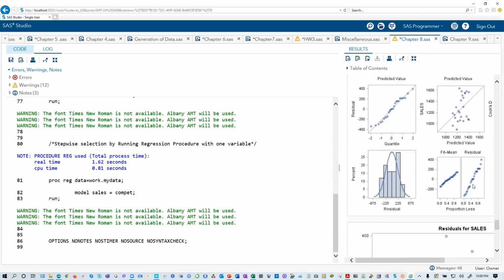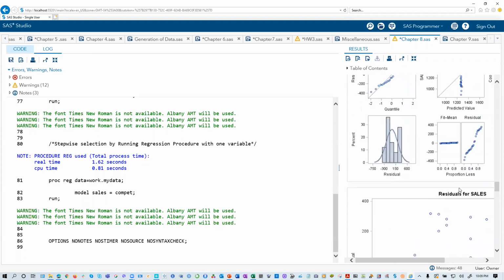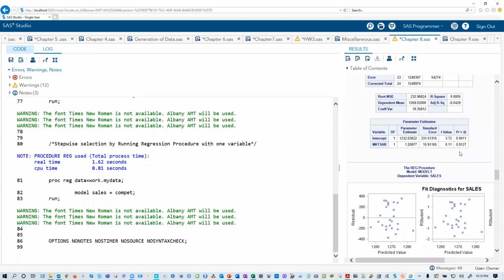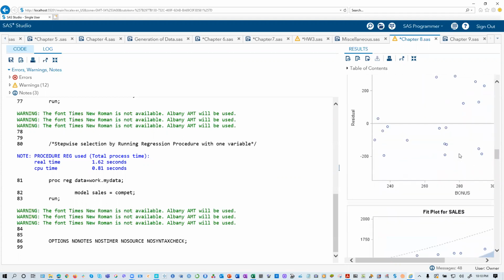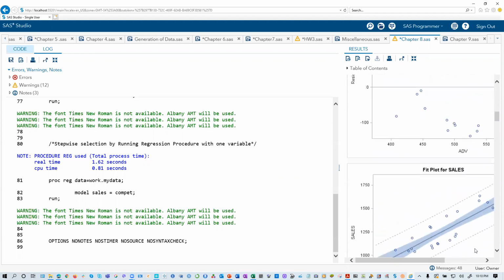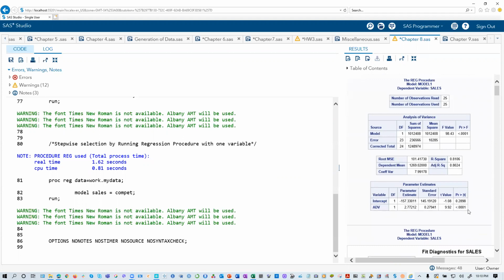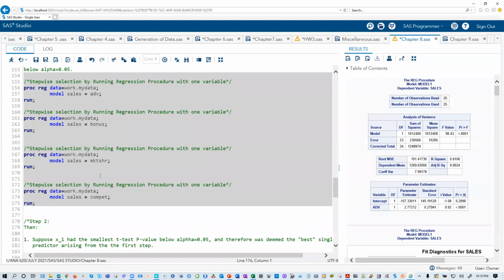In competition, you have 0.06. This one, 0.9, market share. This one, bonus, we have 0.030. And for the advertising, we have an extremely small one. So you're going to pick the one with the smallest one. That's what they say.